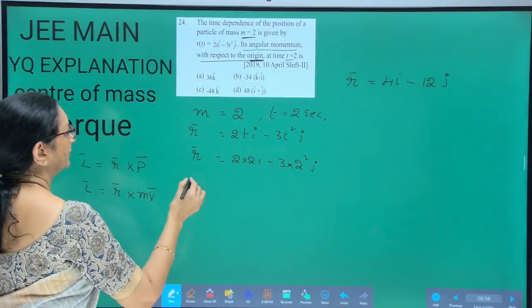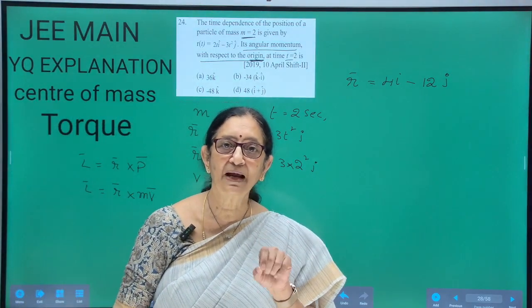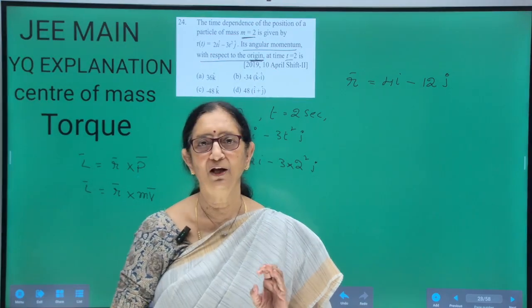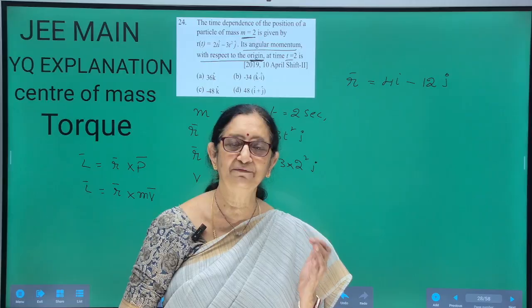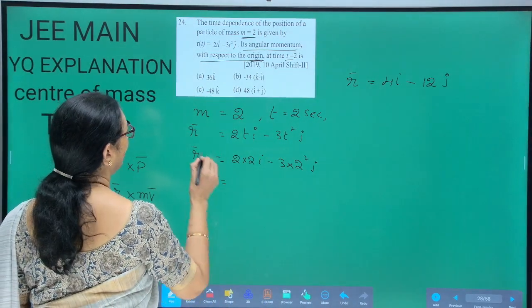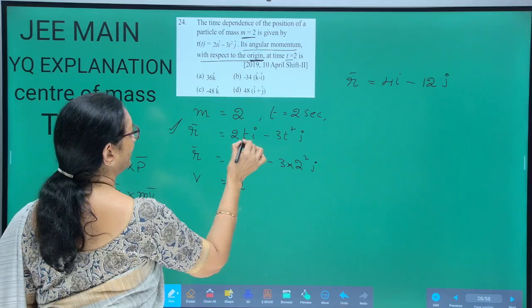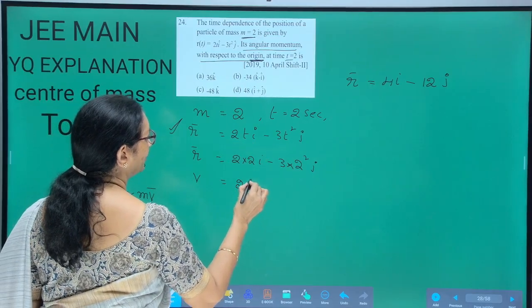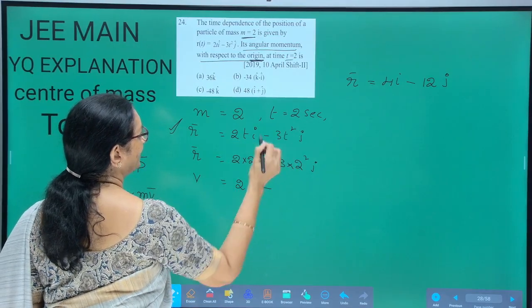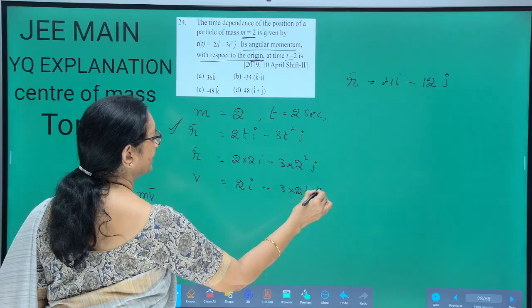And coming to velocity, how do you get velocity from position vector? Well, we get velocity by differentiating position vector with respect to time. Derivative of t is 1, so 2i, minus 3 into 2t j bar.